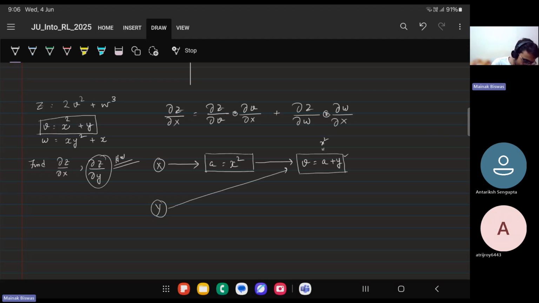Similarly, the second equation I will write. I'll start from y. I will try to go to w. Tell me what will I do? So I can write this as y square plus 1 into x. First step, what will I do? b equal to, which only depends on y.